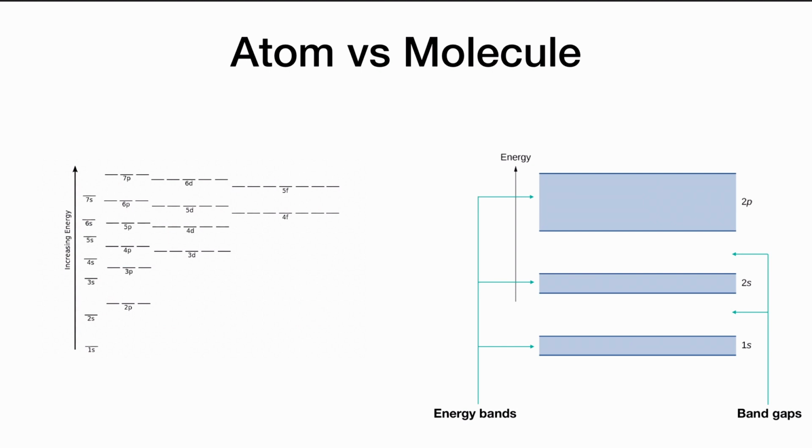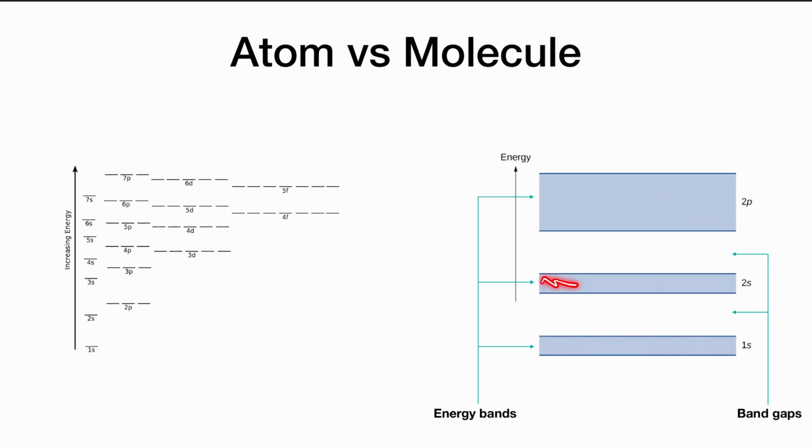However, when we take atoms and put them together into a molecule, these individual lines cease to be individual lines. They become a band. Suddenly, this is now a region where electrons can reside. So the first energy level goes from being one horizontal line to being a band, a region.